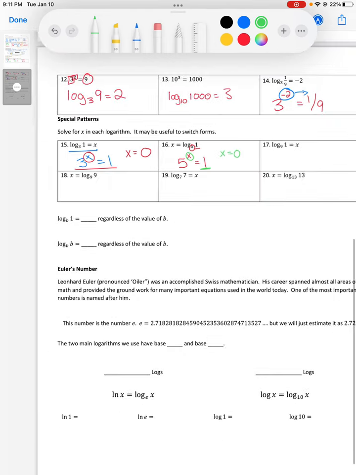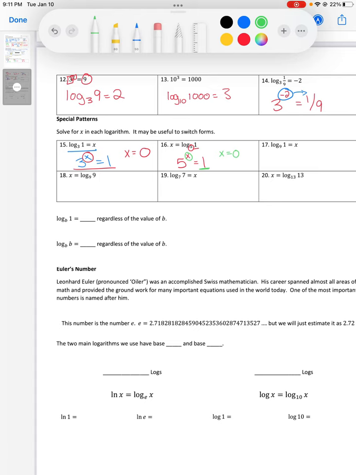So this last logarithm, log base 9 of 1 equals x. Let's solve for x. So the base of my logarithm is 9 to the x equals 1. And again, what does x equal? X equals 0.